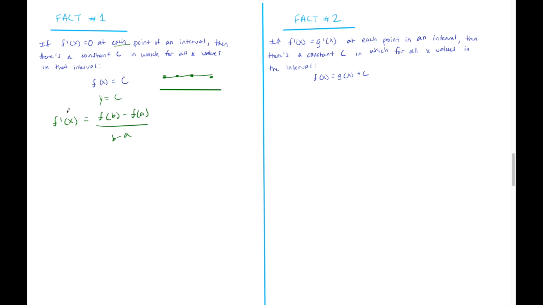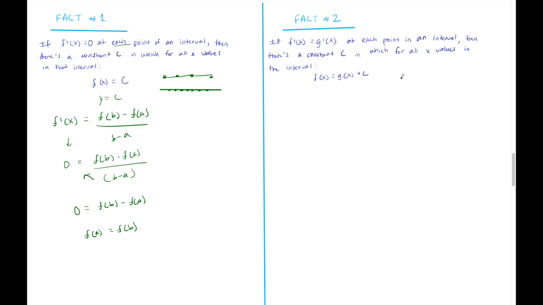Now we want f prime x to be 0, so 0 equals f of b minus f of a over b minus a, and if you cross multiply this, the bottom becomes 0, so 0 equals f of b minus f of a, hence f of a equals f of b. So if the y values are equal, then of course the slope between them will be 0. And this condition holds for every single point where they're on the same level for y, they definitely have a slope of 0, hence how we prove fact number 1.